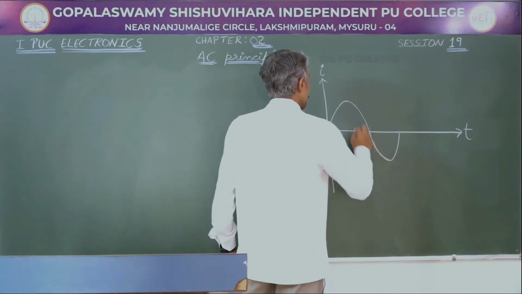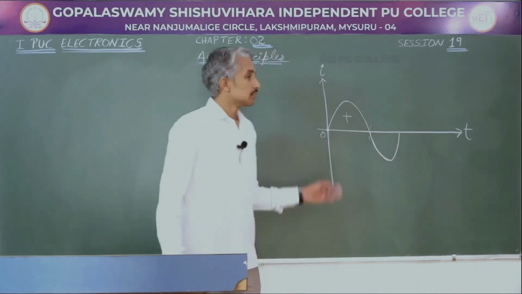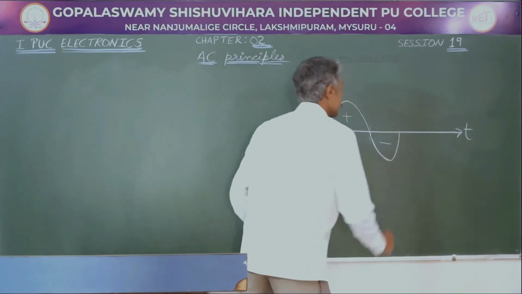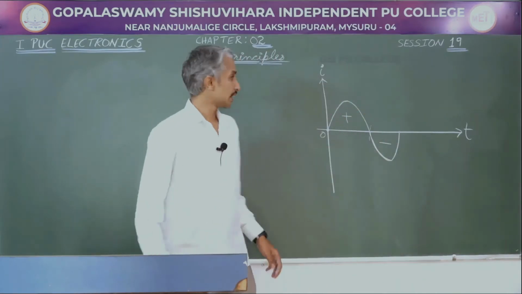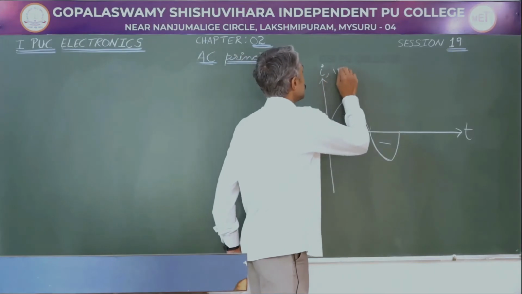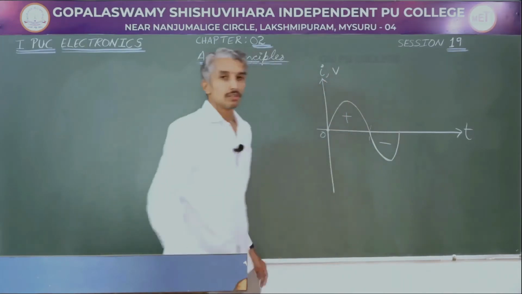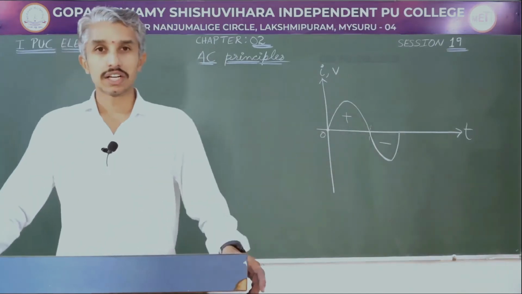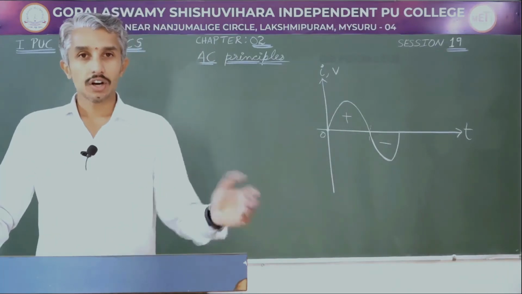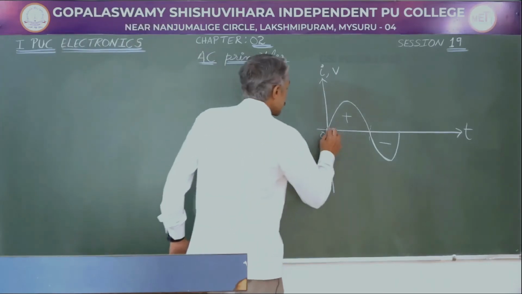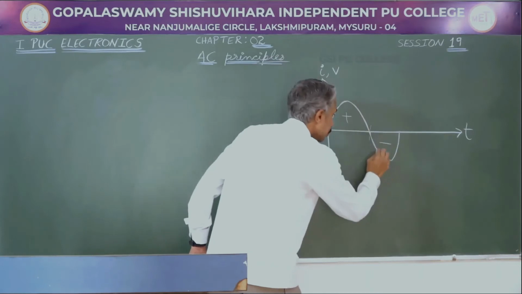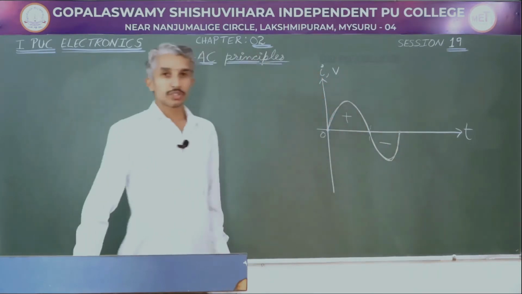So, initially the current had a positive polarity and later we will see that the current would be having negative polarity. The same also implies for alternating voltage. So, this graph tells us that alternating current or voltage changes its magnitude and also polarity periodically.